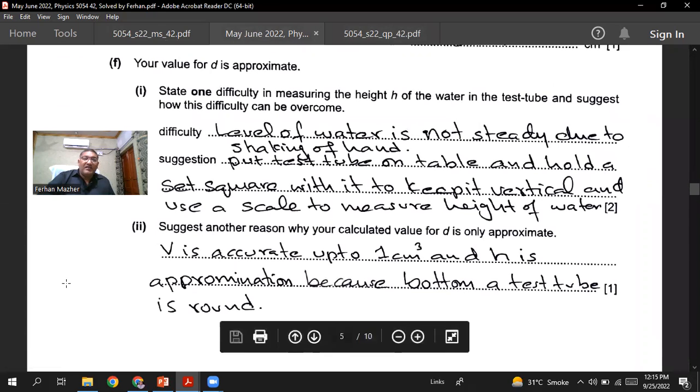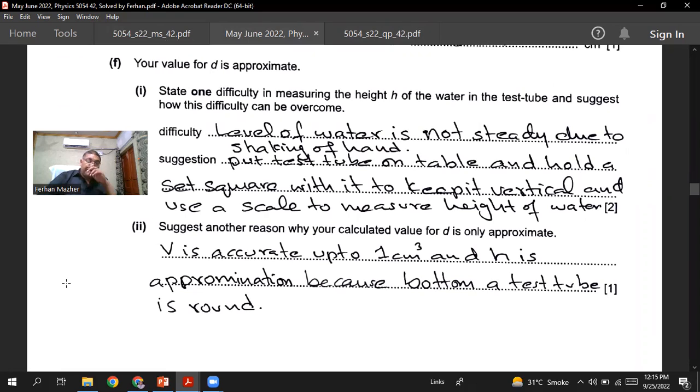You see, the D value is coming from the gradient of the graph, and that gradient came from the V value and the H value. The V value, the volume of the water in the test tube, was only accurate up to 1 centimeter cube, and the H, you measure the height of the water in the test tube.